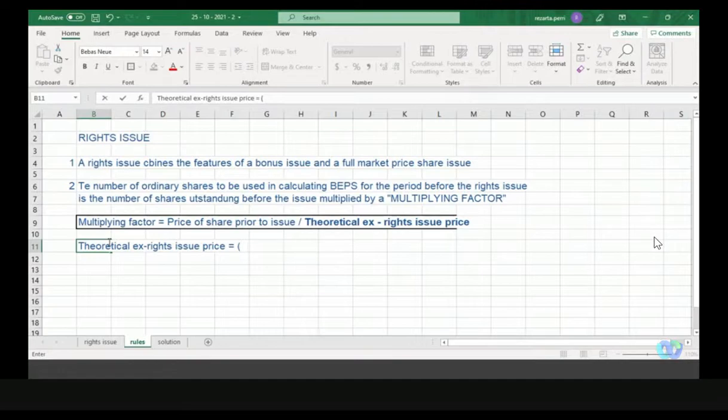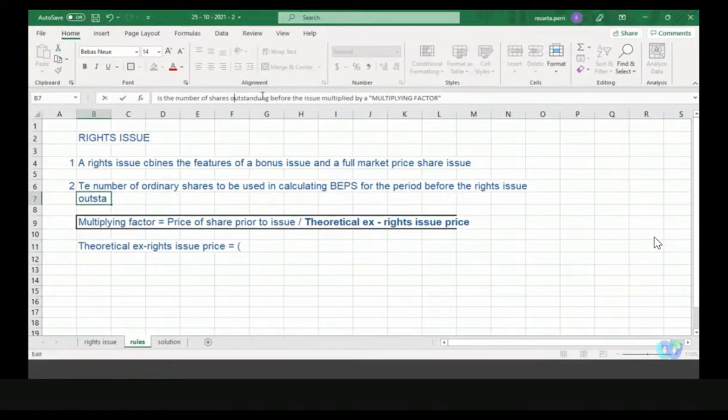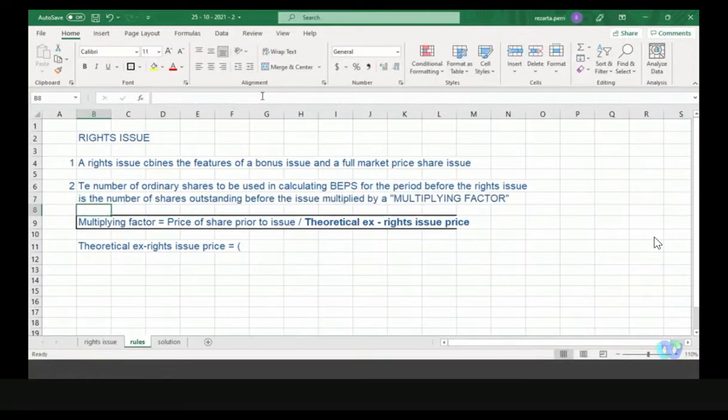That is, the theoretical ex rights issue price will be like an assumed price that would be right to be followed and reflected by the market if the market were really very consistent at following the consideration and number of shares being declared by the company.